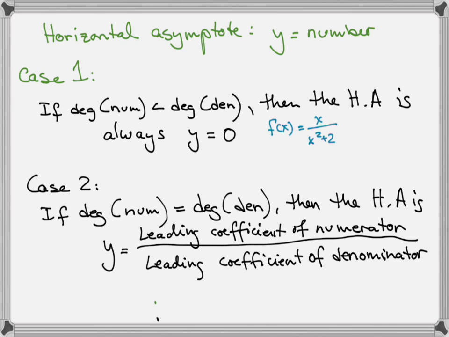I just didn't want to write it all out. Then the HA, the horizontal asymptote, is always y equals 0. So that means you're not crossing or touching the x-axis, because y equals 0 is that horizontal line right on the x-axis. It's the x-axis.